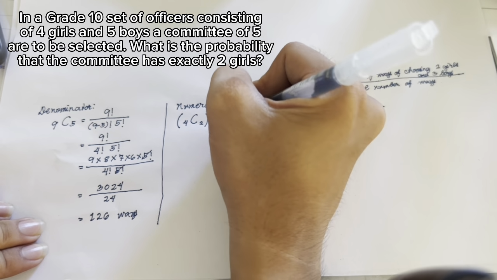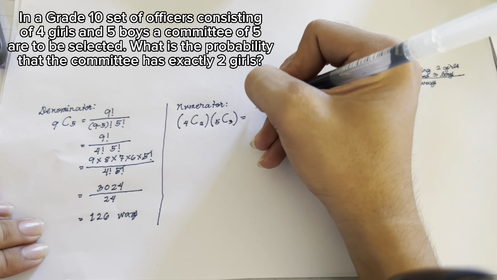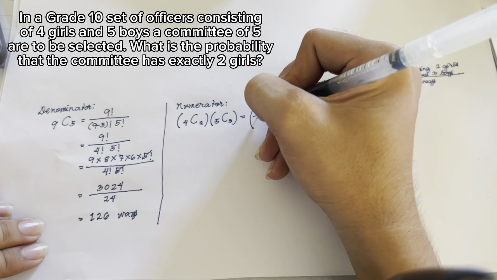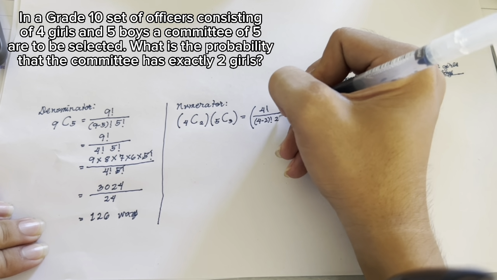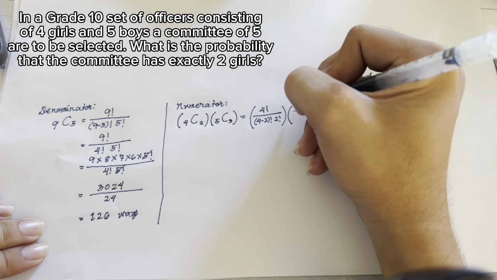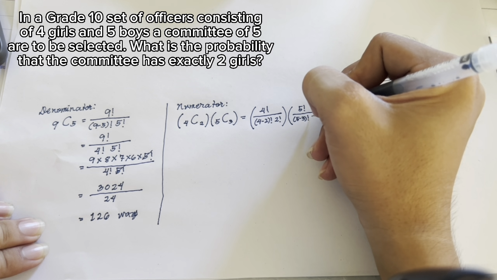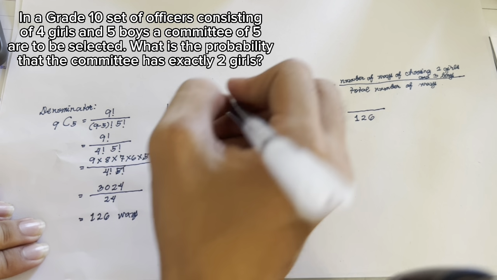Then for the boys, we have 5C3. There are 5 boys, then 3 selected boys. So we have 4 factorial over 4 minus 2 factorial times 2 factorial, times 5 factorial over 5 minus 3 factorial times 3 factorial. Let's simplify.